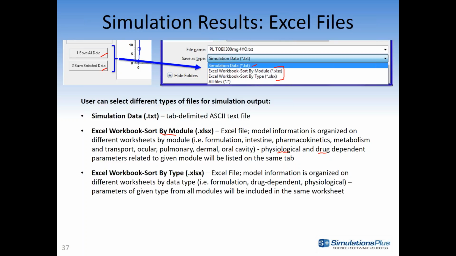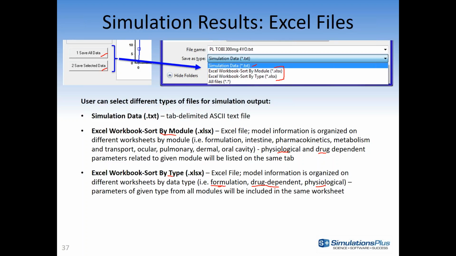Or you will have an option to sort it by type, where by type we mean formulation, drug-dependent, and physiological parameters. So for input parameters, there will be one worksheet for formulation. There will be another worksheet for drug-dependent parameters, containing drug-dependent parameters related to all parts of the simulation, whether intestinal, pharmacokinetic, metabolism, pulmonary, dermal, and so on.